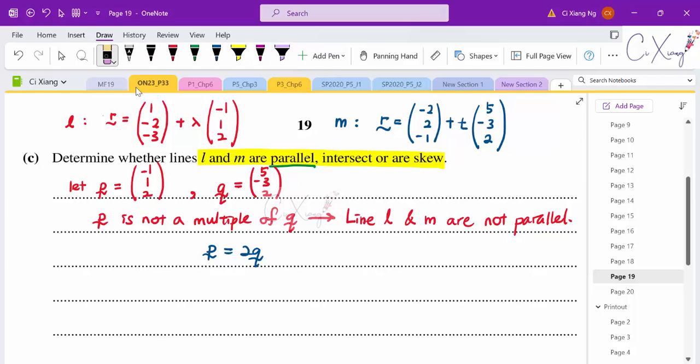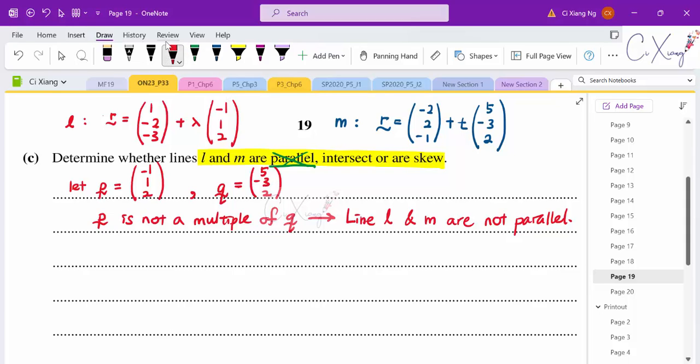So we can observe directly that P is not a multiple of Q. When P is not a multiple of Q in the vector equation, generally it tells us that these two lines are not parallel. So from here I already know these two lines are not parallel, and you have to proceed further and check whether they intersect or are skewed.